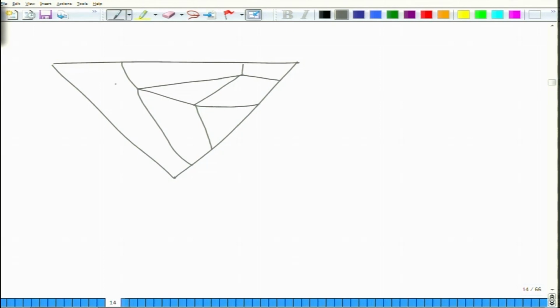Let us say you have an alpha phase, this is the liquid phase, this is the beta phase. In between you have liquid plus beta, liquid plus alpha, this is alpha plus beta, and this is liquid plus alpha plus beta. And let us say you have a certain composition, and you are at this composition.